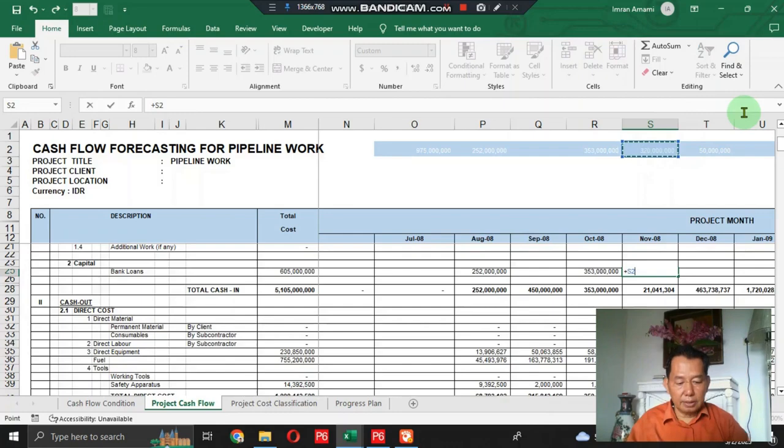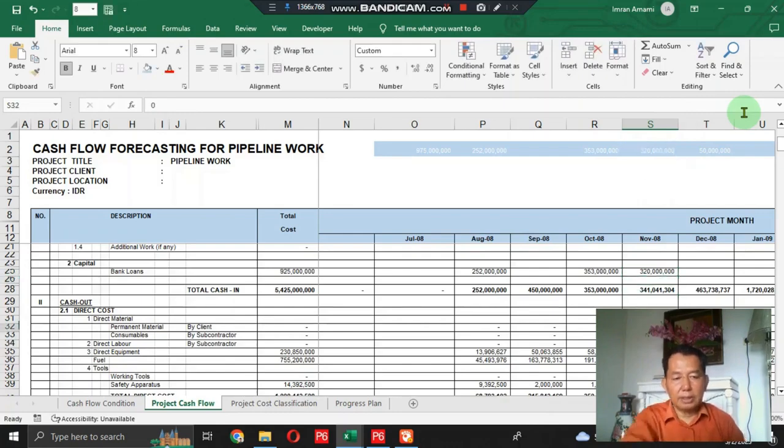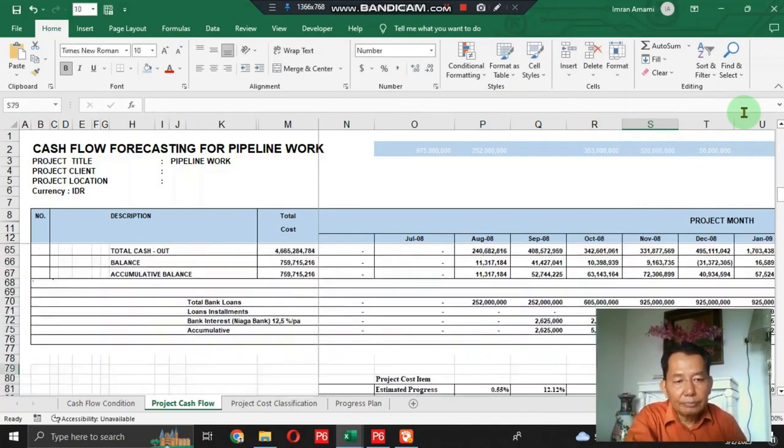Yes, 320 million here. Let's check again. Yes, there is no minus in your operational cost, but next you find a minus again, with a total of 31,372,305 rupees.